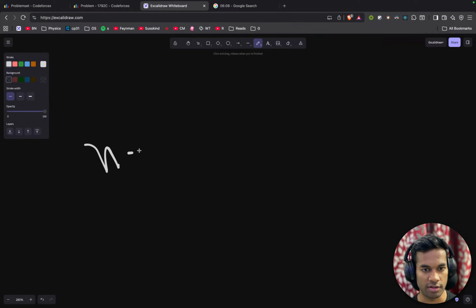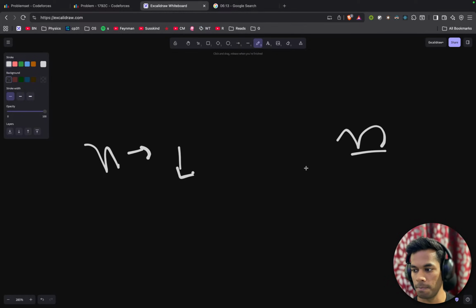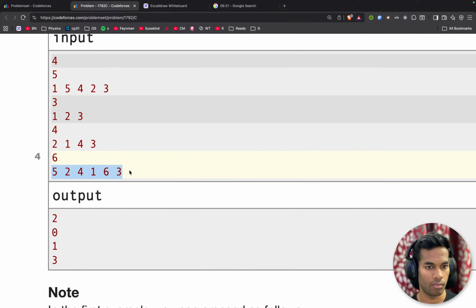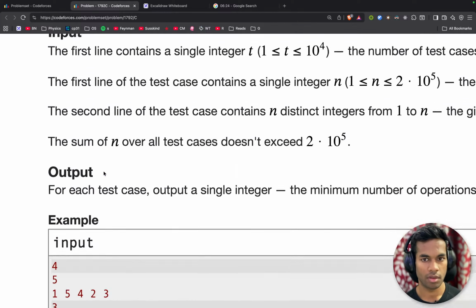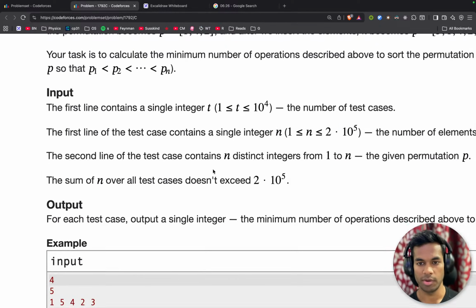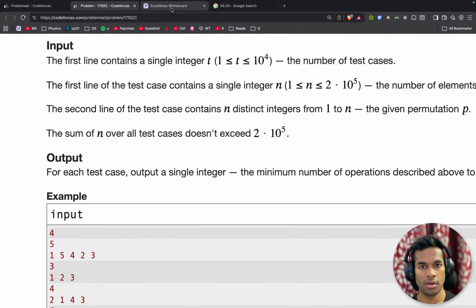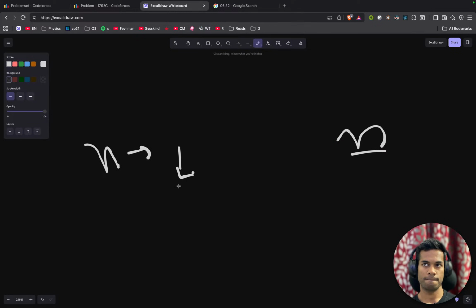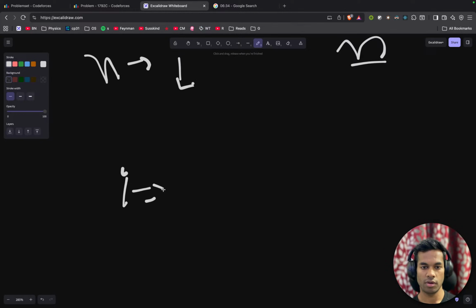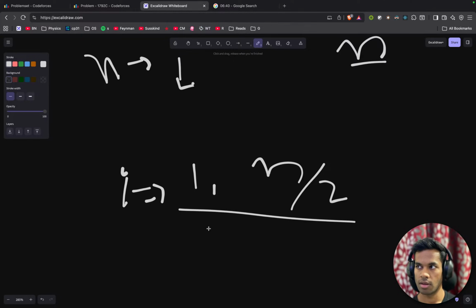So the formula that I'm suggesting here is we look at the first element, which is always 1, and the last element n. And we can call a function recursively here. And n is at minimum 1. We will have i which goes from 1 till n by 2.